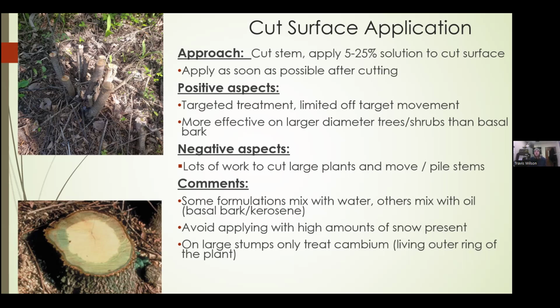So it just helps you make sure that you're going to be treating what you're cutting. And that 5 to 25% is just a general range, since this works for basically all woody options. And so it's going to depend on what herbicide you're using, for what that percentage is going to be.